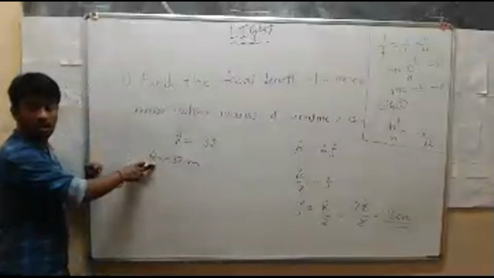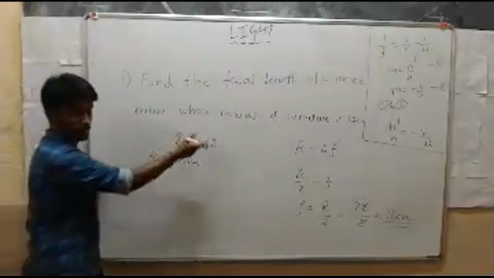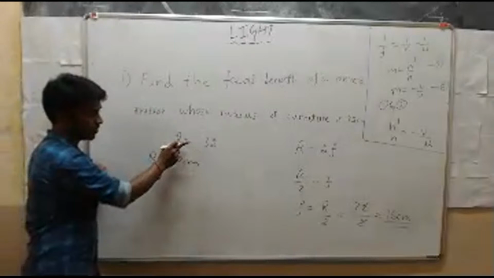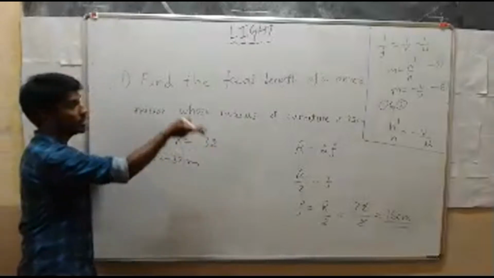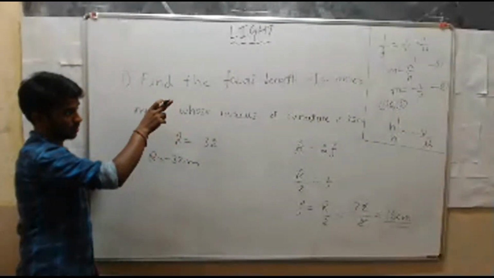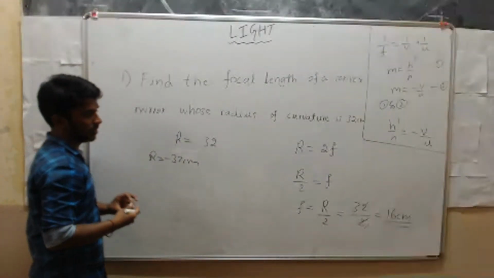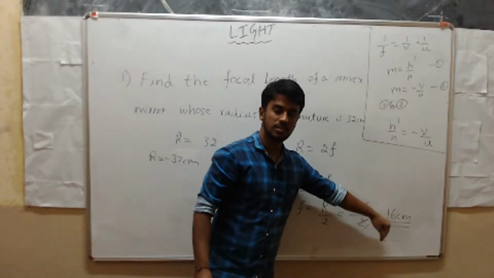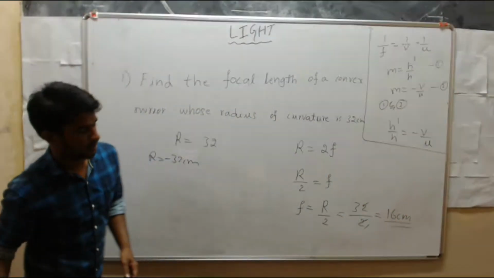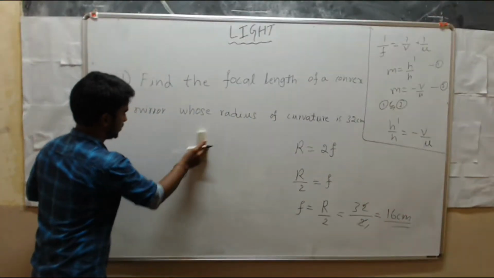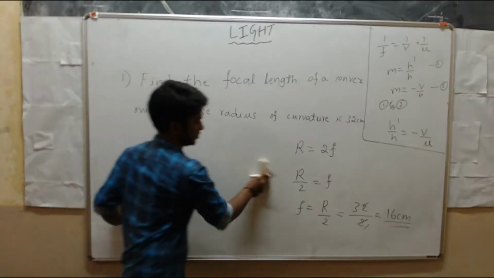This is for concave mirror, not convex mirror. Here we should write R equal to plus 32, because the focal length of a convex mirror we always write as positive. So f equal to plus 16 centimeter. Very simple one. So next question.